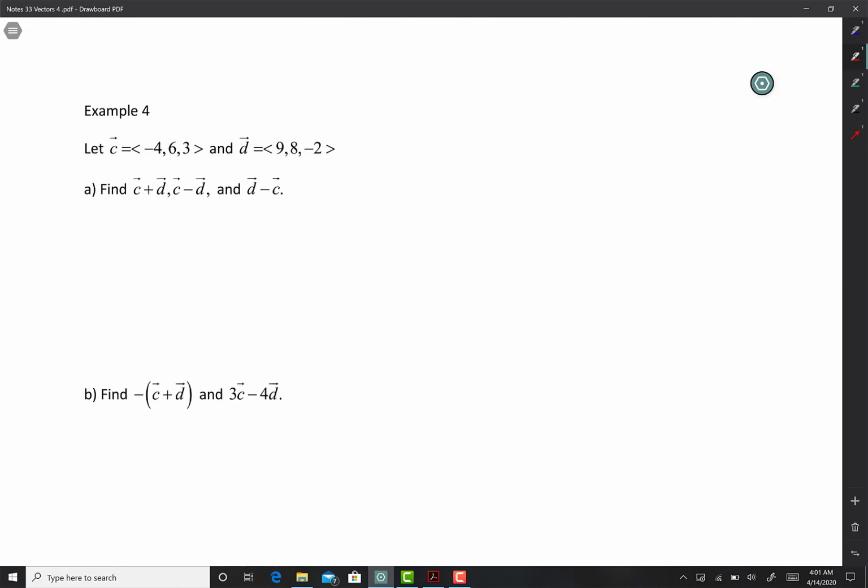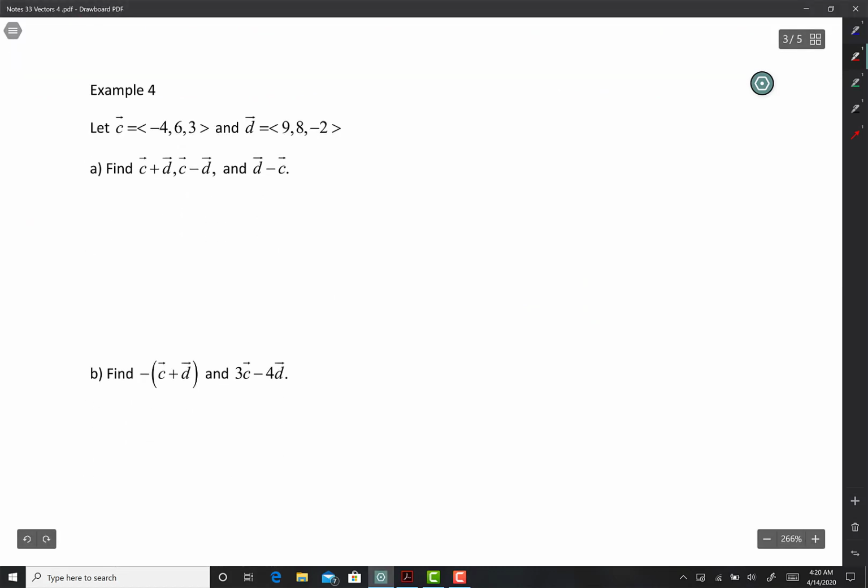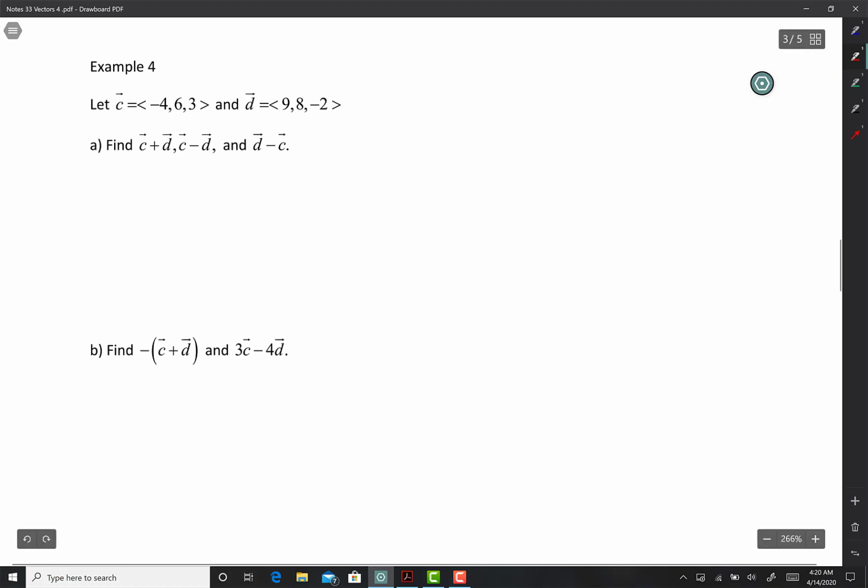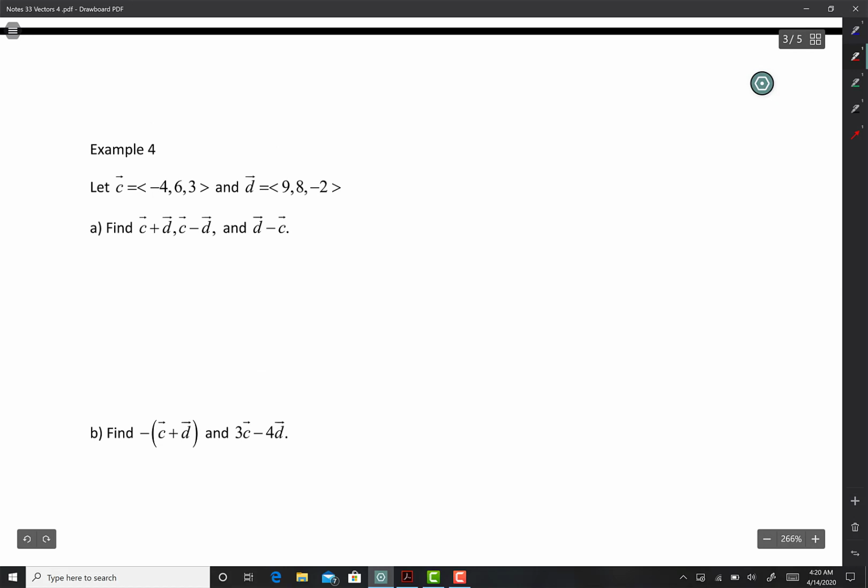All right, example 4. Let vector C be -4, 6, and 3. Let vector D be 9, 8, and -2. And then it says find C plus D, C minus D, and D minus C. So before we even get started, guys, I'm going to go ahead and rearrange these. I'm going to say that -D, because remember, we're always going to want to add vectors.